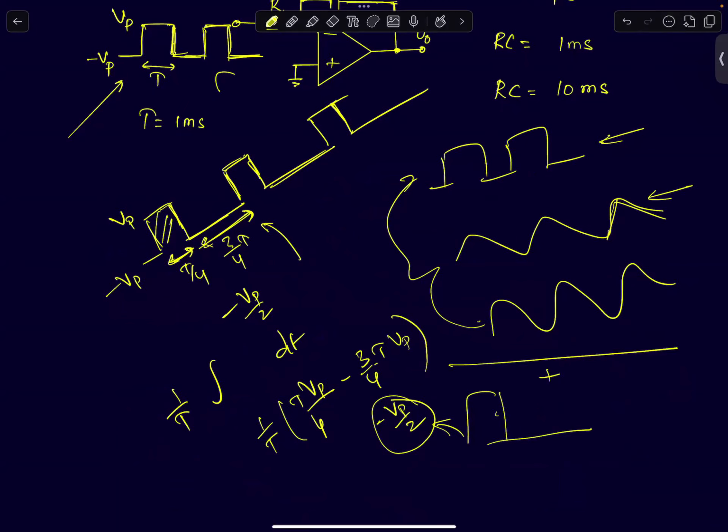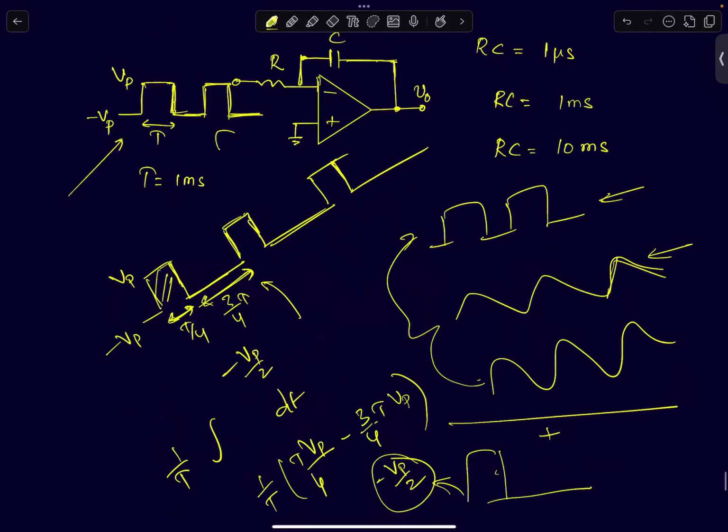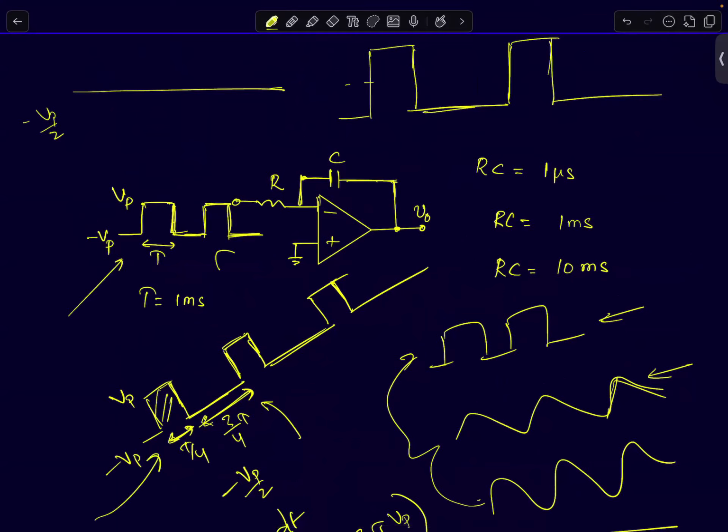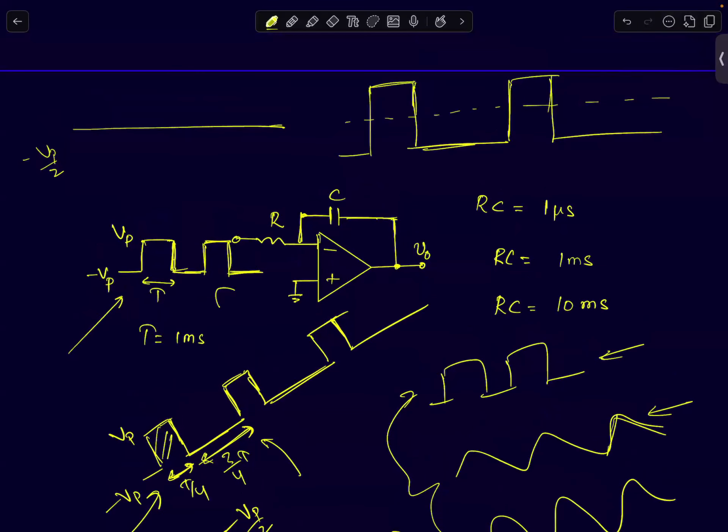I can write it as a sum of two signals: a DC signal of value minus V peak by 2, and another signal where I've subtracted minus Vp by 2 from this. If you add minus Vp by 2, you should get back the original waveform.